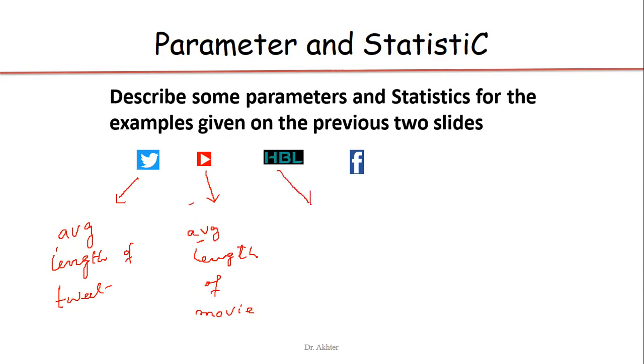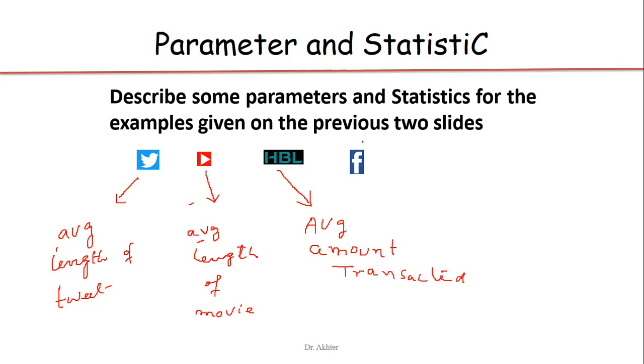In the case of HBL transactions, the average amount transacted is a parameter if we are computing this average by using the entire population. But if we are computing the same average by sample, this will be a statistic.